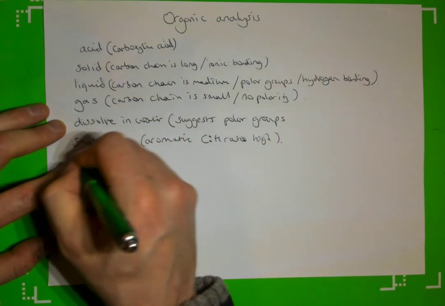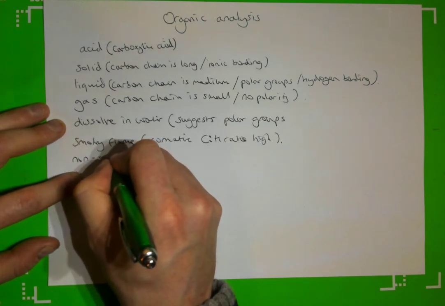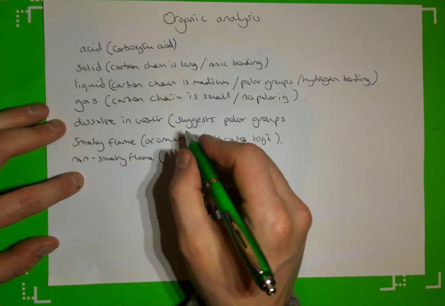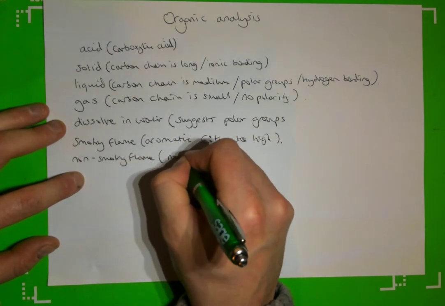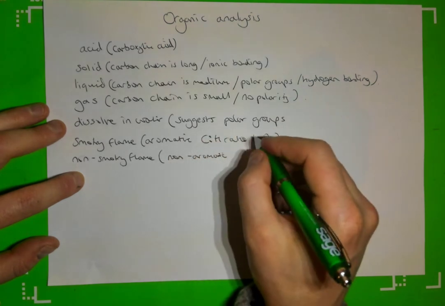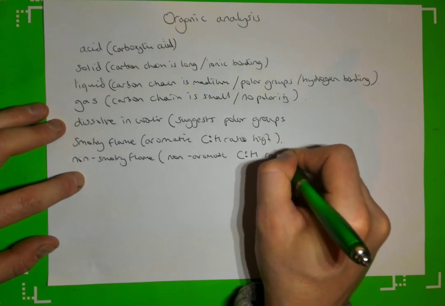If it is a non-smoky flame, what we'll call a clean flame, that would suggest that it's not aromatic, and that is because we have a carbon-hydrogen ratio which is low.